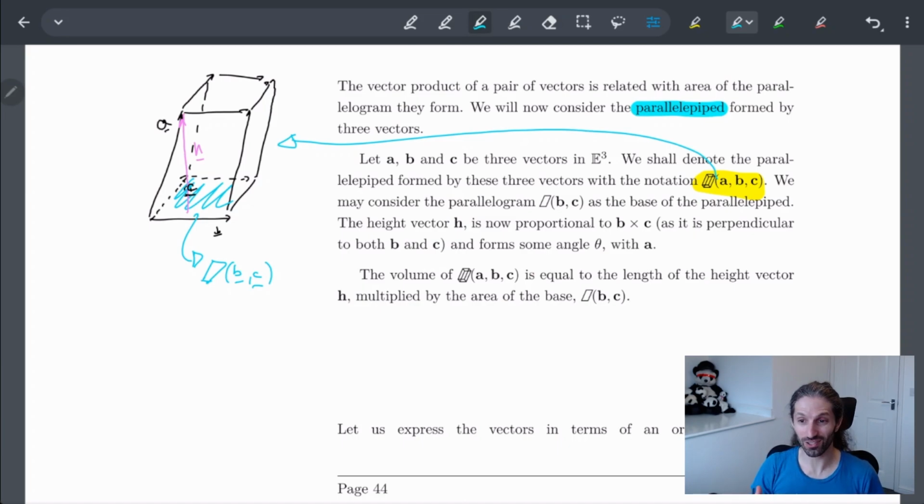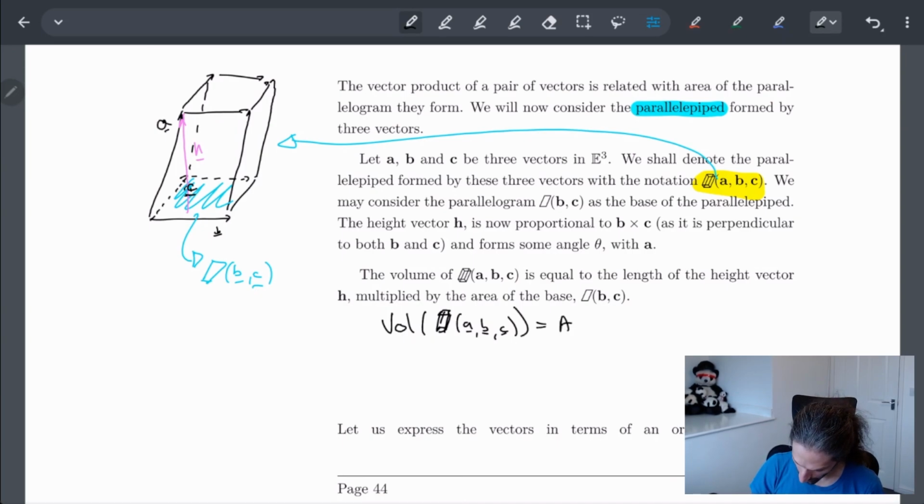So let's actually show this. Basically what I'm saying verbally is that the volume of the parallelepiped of A, B, C, see, I'm telling you, this is my drawing, it's going to be good enough, is equal to the area of the parallelogram on the bottom times the height, right?